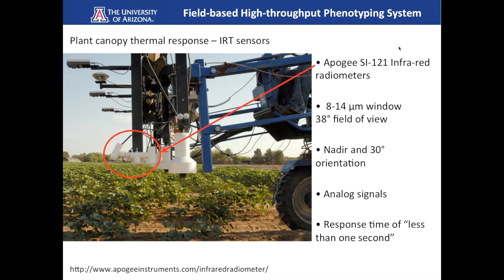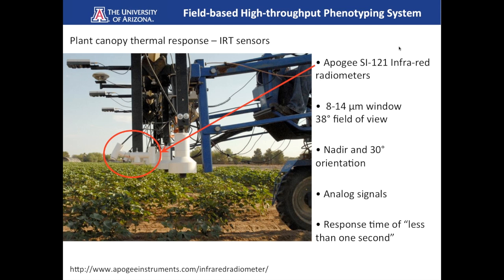So first, let me start with the canopy thermal response with IRT sensors. So we're using these Apogee sensors, infrared radiometers. They have a particular section in the electromagnetic spectrum that they're sensitive to. They have a 38 degrees field of view.